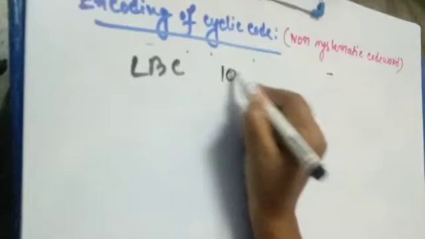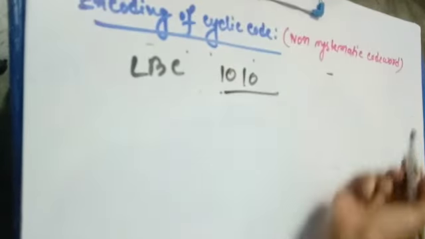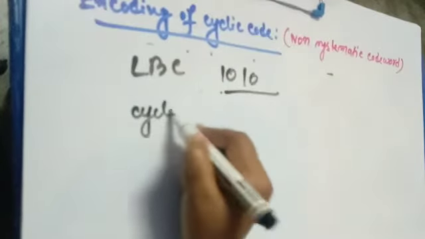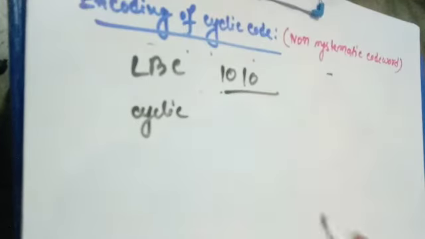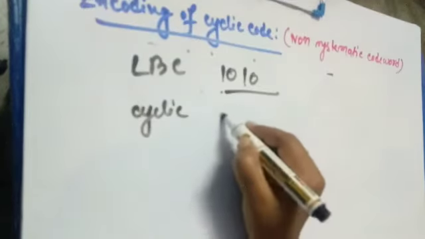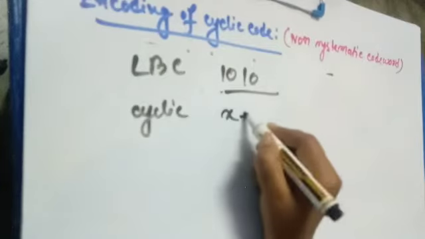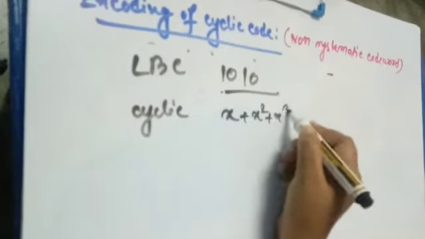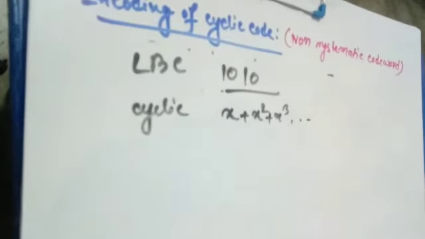In case of linear block code, the code word is denoted in this format, 1010. But in case of cyclic code, the code word is denoted in polynomial format, for example x plus x square, x cube, in this way. This is the polynomial formation of a code.